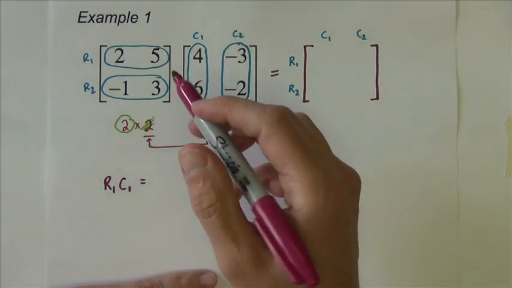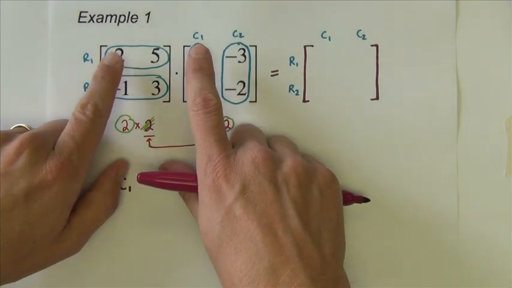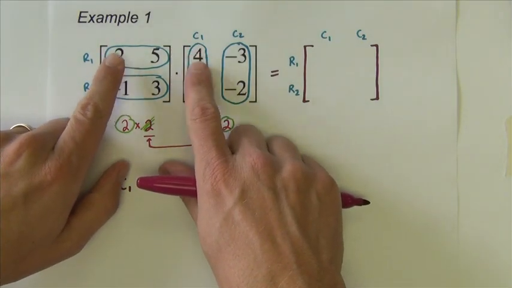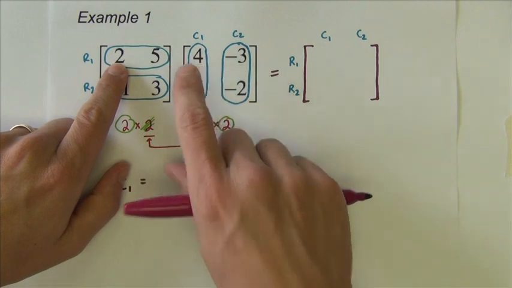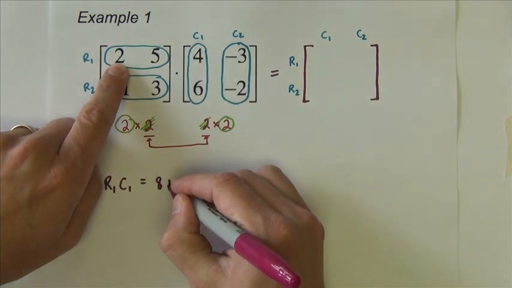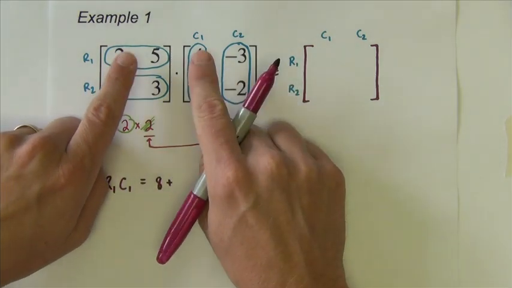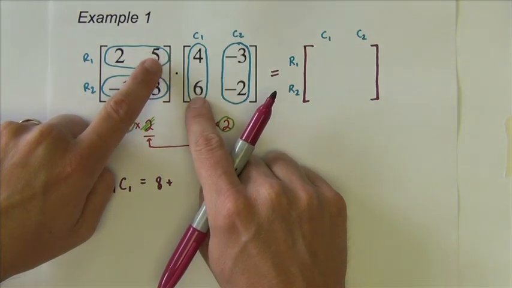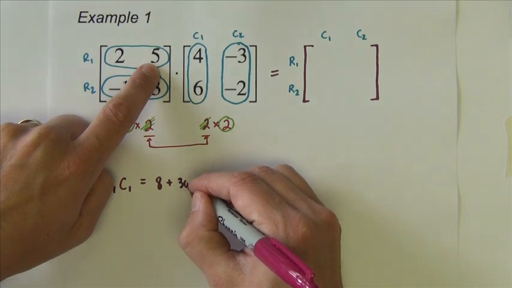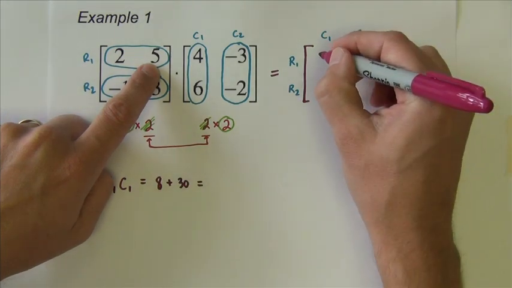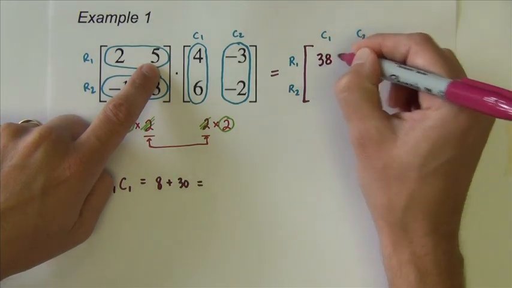The way I do it is I multiply the first numbers together in each respective row and column. 2 times 4 makes 8. And I add to that the product of the second numbers within each row and column. 5 times 6 is 30. I add those together, and the first number up here is 38.